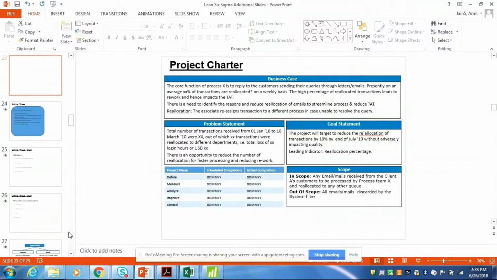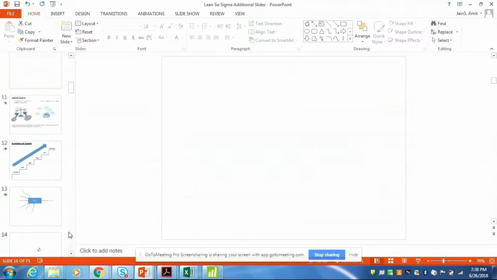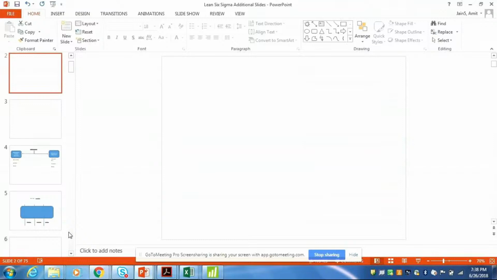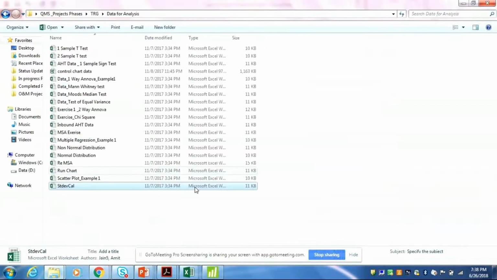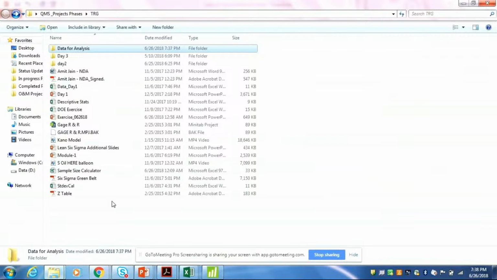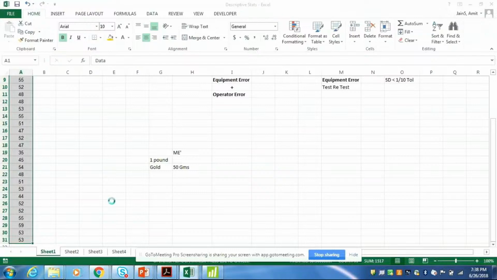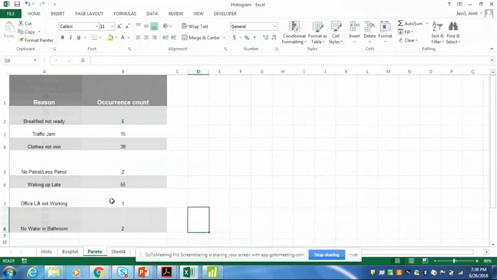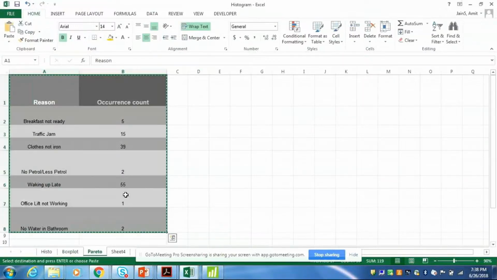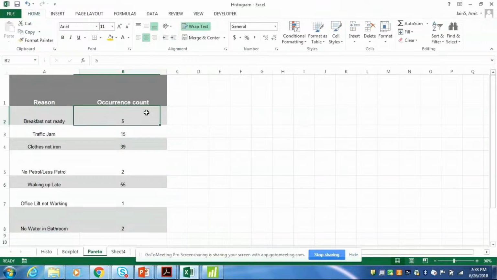Just give me a second while I check it out. No, it's not there. So what I can do is, oh yes, found it. So here is an example of Pareto.